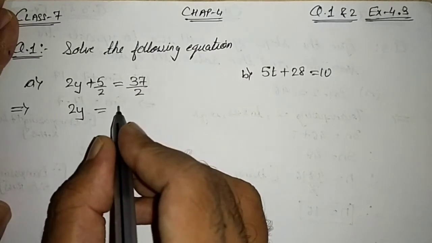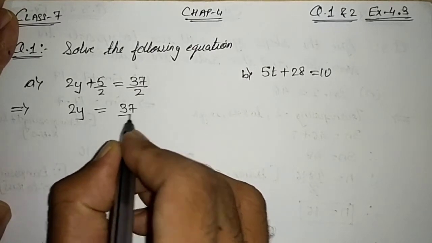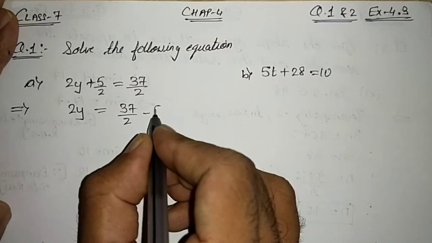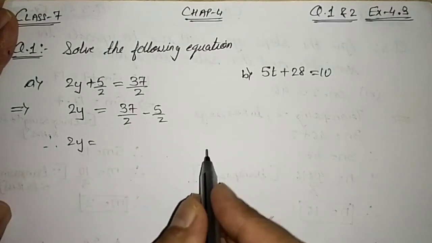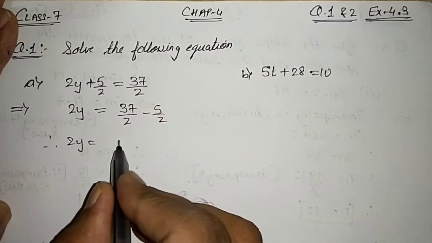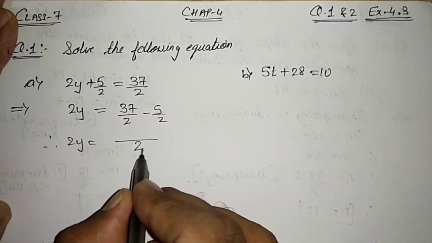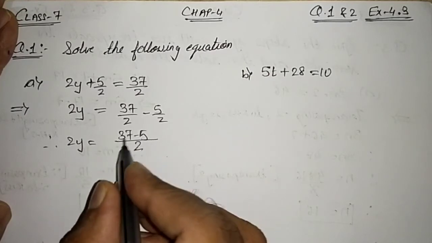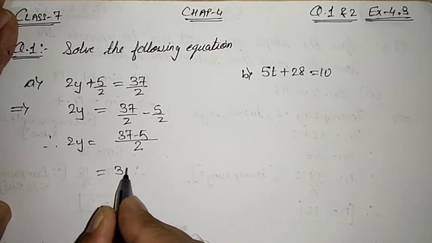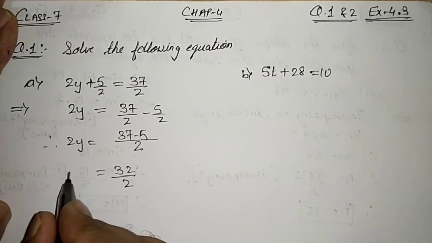So transposing plus 5 by 2 to RHS, it will be minus 5 by 2. Therefore 2y is equal to, now looking at the LCM, here both are 2, so LCM will be 2 and numerator will be subtracted. So 37 minus 5 is 32 divided by 2.